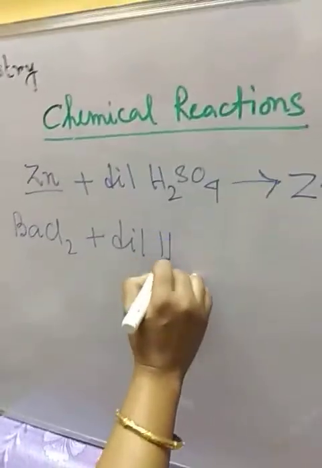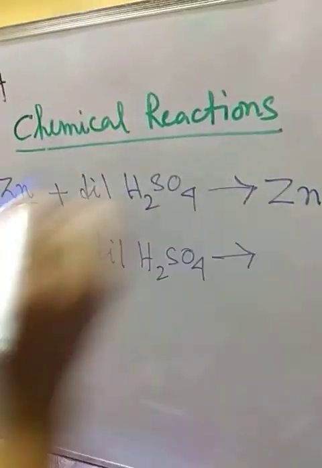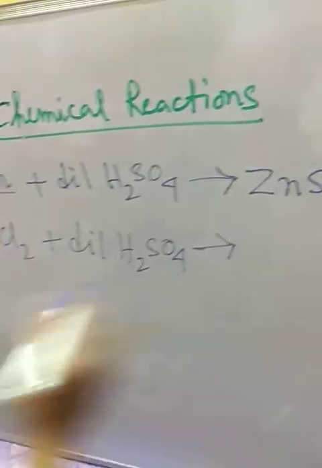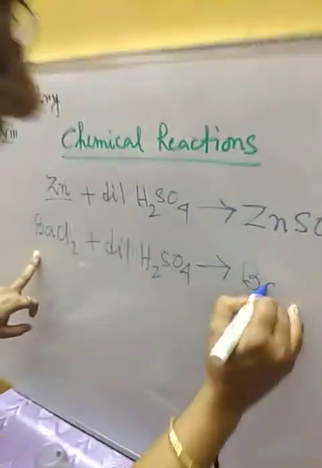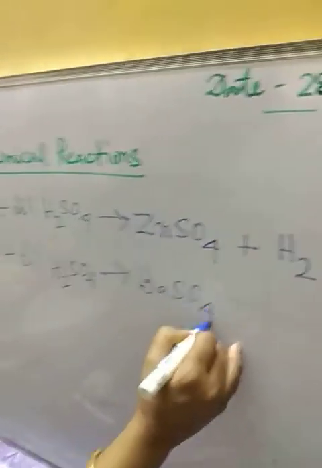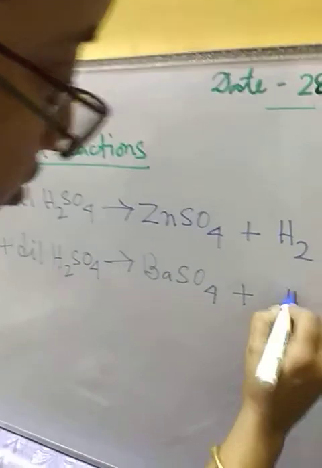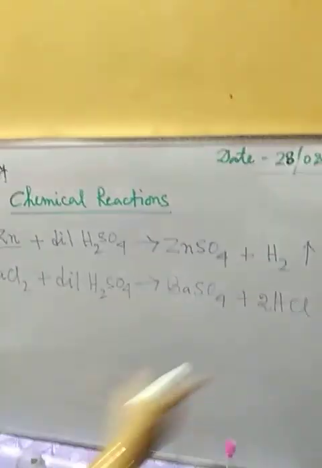So barium chloride along with dilute sulfuric acid, the barium will combine with sulfate, so we will be getting barium sulfate, BaSO4, along with hydrogen chloride, HCl, in solution.